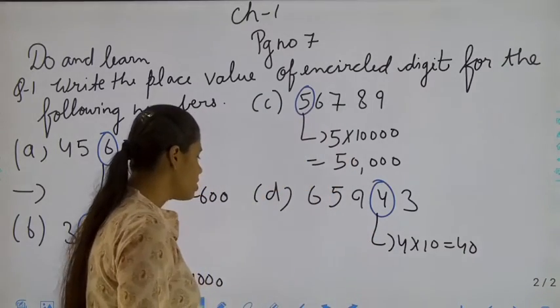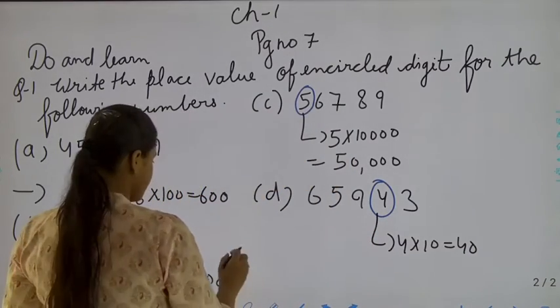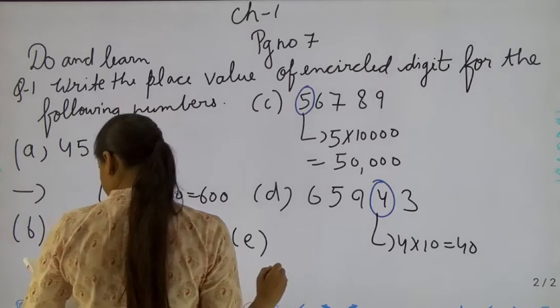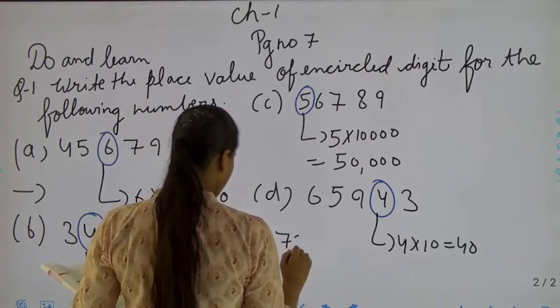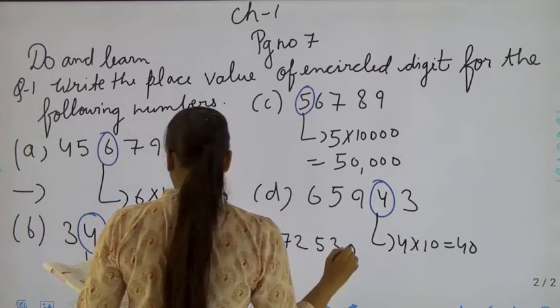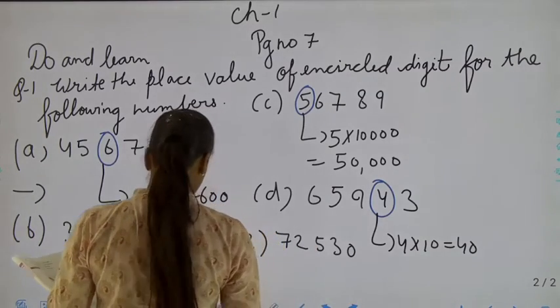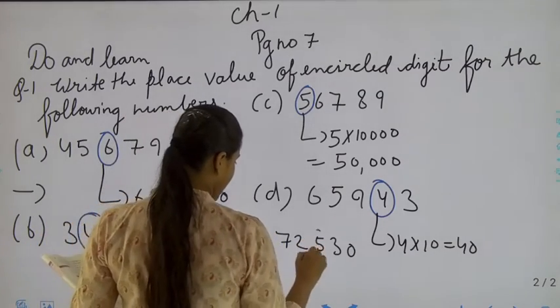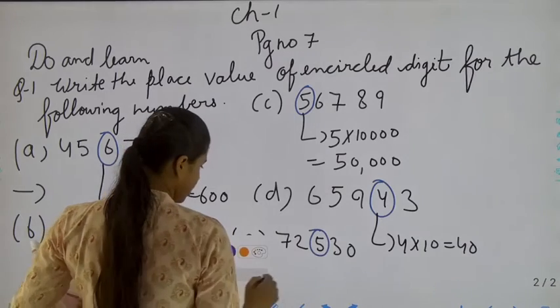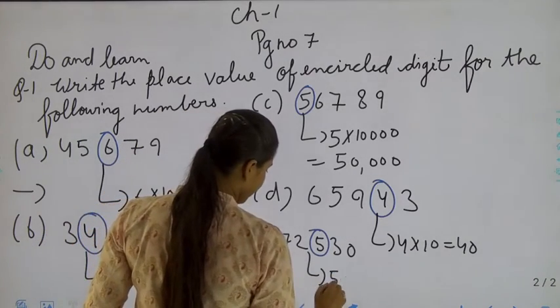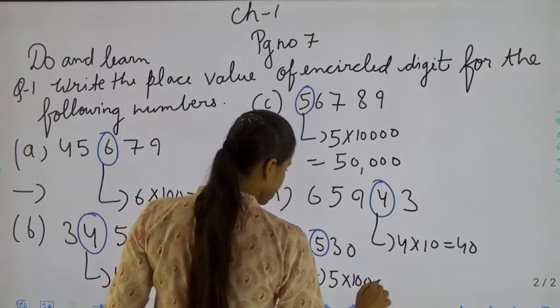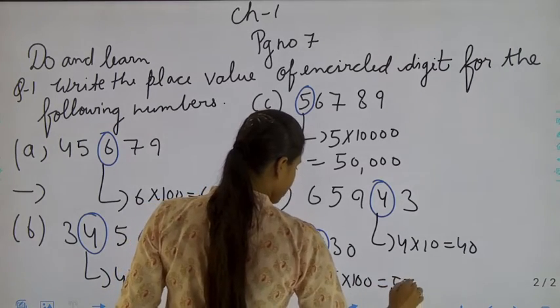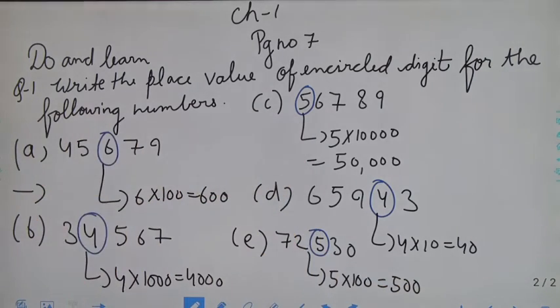Okay students, now move to the next part, that is E part, 72,530. Again we have to tell the place value of 5. It will be 5 multiplied by 100. It will be 500. Now if you want to take a screenshot, you can take.